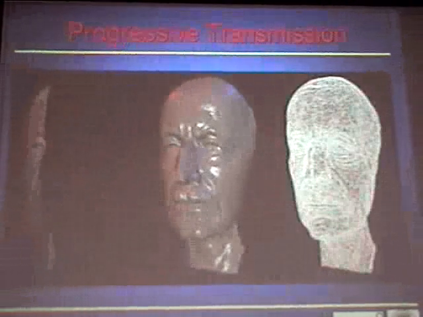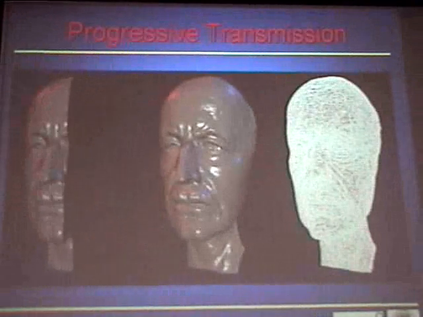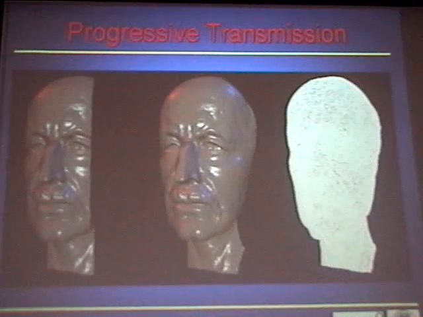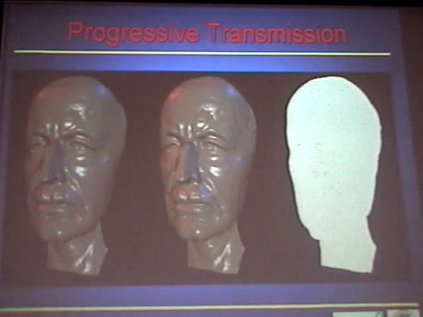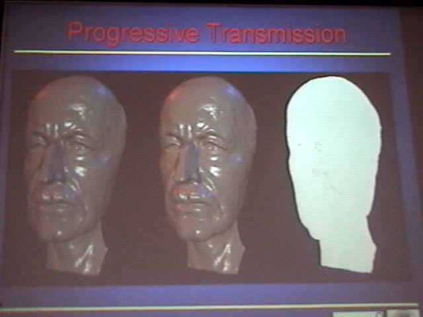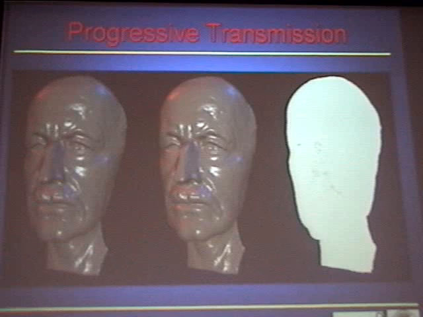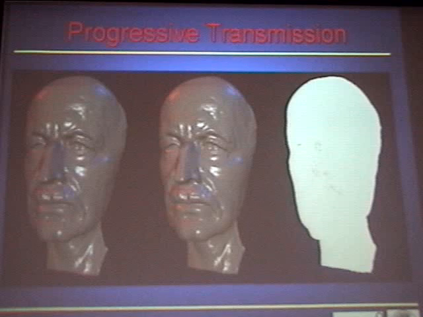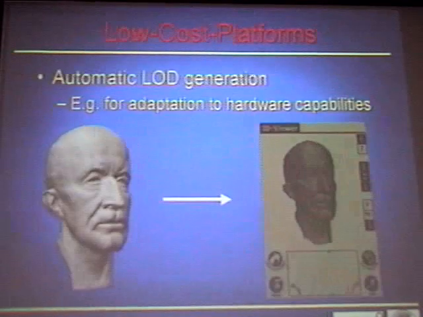And you see that after about half the information has arrived, for the visual observer, at least on this resolution, there is no difference in the object visible anymore. And so you may well start to interact with your object after about half the data or even less has arrived. You don't have to wait for the full data set to be on your client. So this is important whenever you talk about limited network channels.